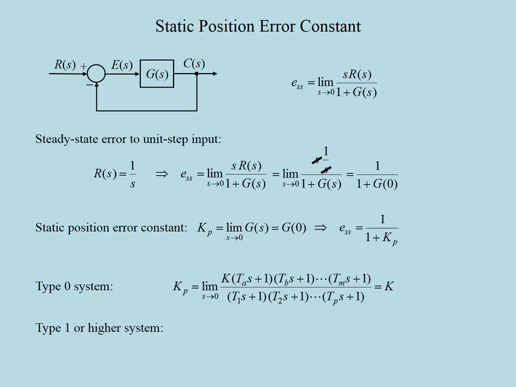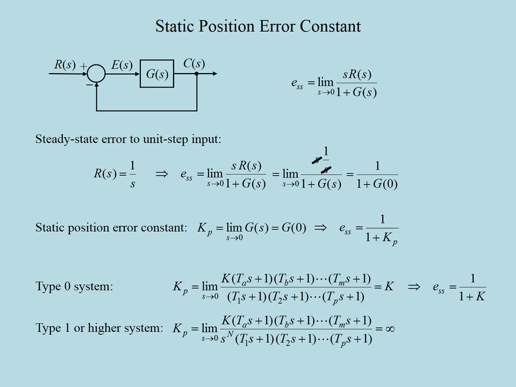However, for systems of type 1 or higher, it will be infinity because of the s factors in the denominator of the transfer function. Therefore, the steady-state error will be 1 over 1 plus Kp for a type 0 system, and it will be 0 for a type 1 system or a system of higher type.